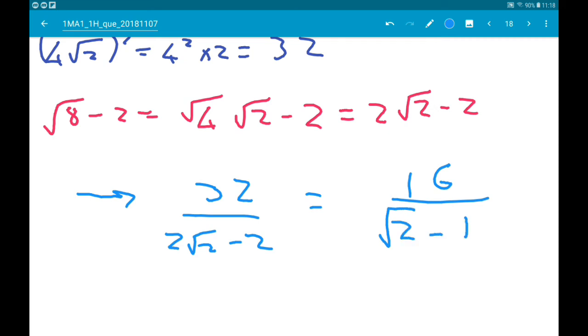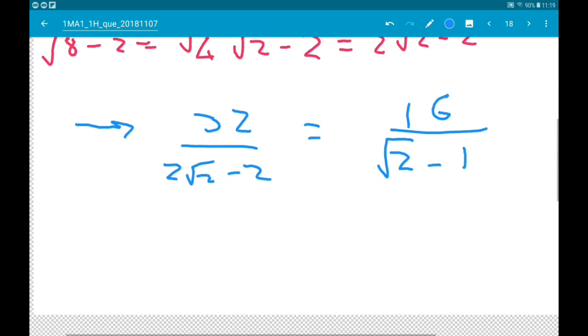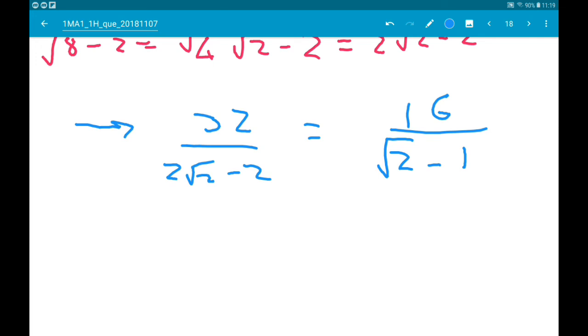Okay, so we now need to rationalise the denominator. When you have a two-term denominator, you need to use difference of two squares. So, because we have a root 2 minus 1 down there, we're going to multiply the top and bottom by root 2 add 1.